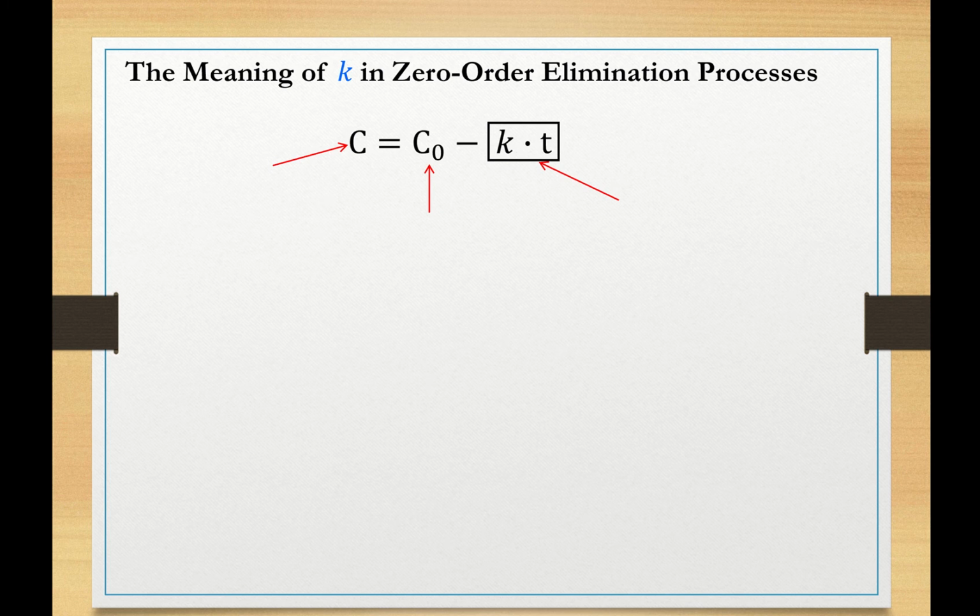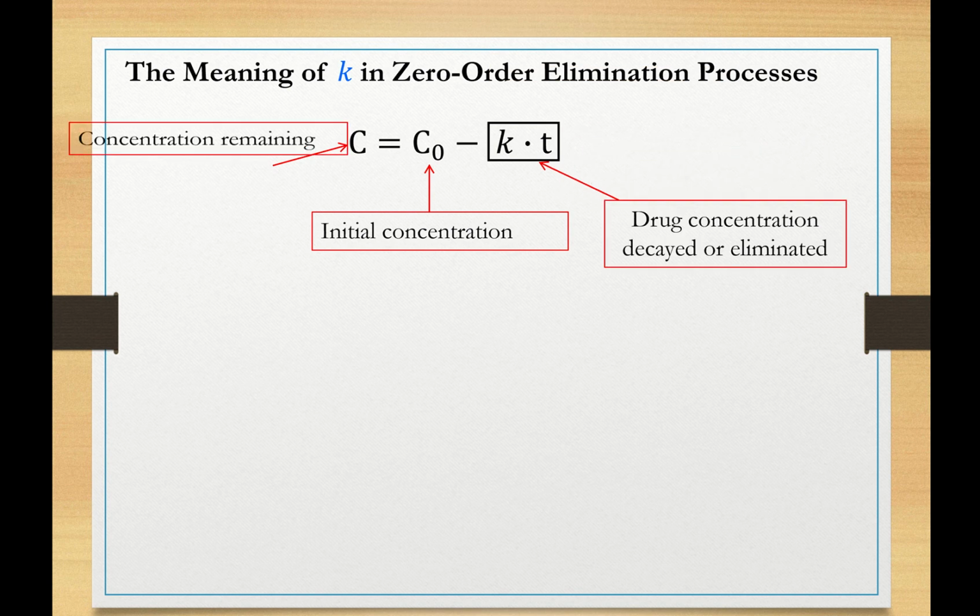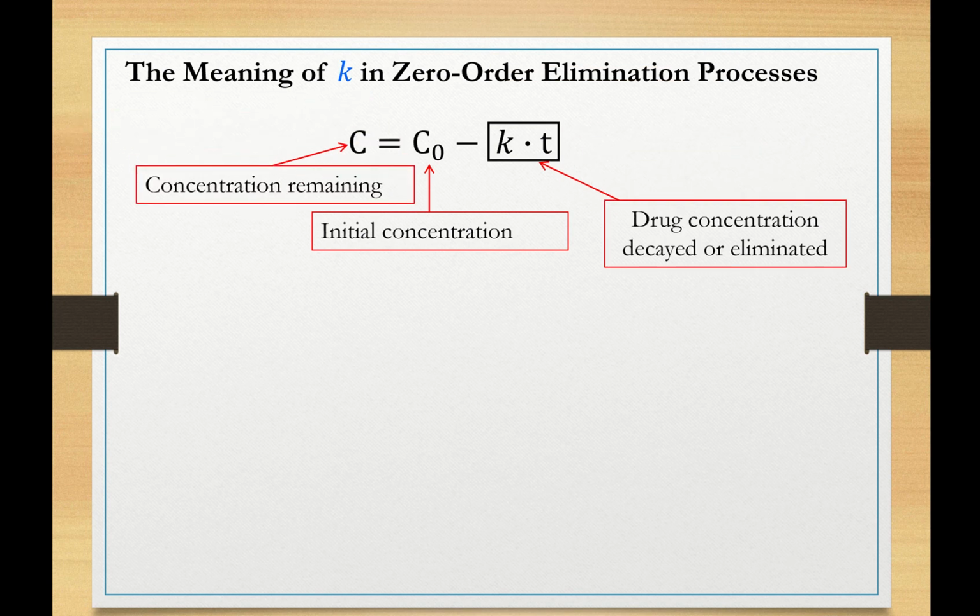Now let us proceed to the interpretation of the K, the zero order rate constant. So here, as we discussed before, that's the initial concentration, and of course that is the concentration remaining. Since this is subtracted out of the initial concentration, this product must have units of concentration, and it must be the drug concentration eliminated.